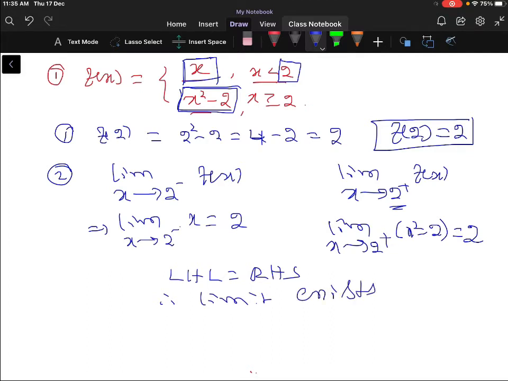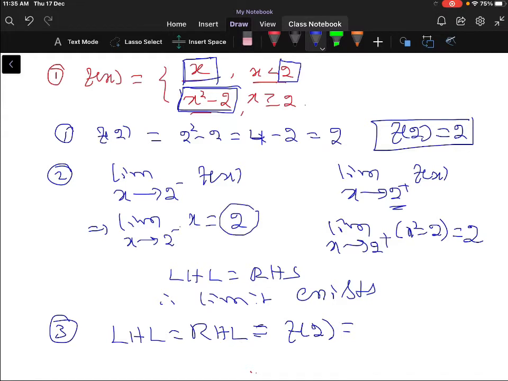But third step here, left hand limit is equal to right hand limit is equal to the function value at x is equal to 2. So let us check. The left hand limit is 2, the right hand limit is also 2, and the function value at x equal to 2 is also 2.